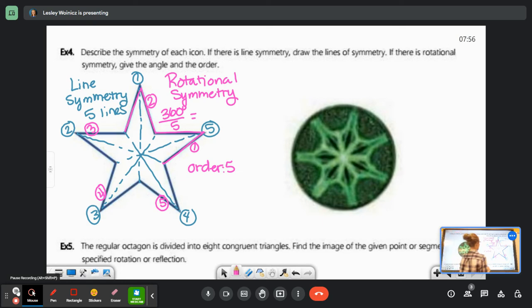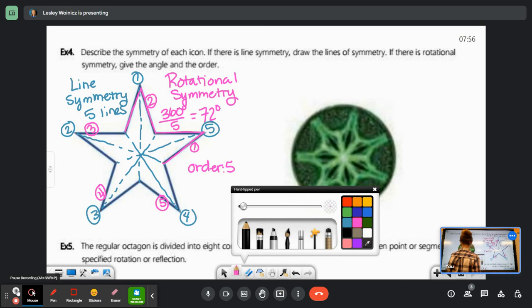So it's not as pretty as the other ones, but it's an angle. Nope, 72. Spoiler alert, 51.4 is the next one. This one's 72. Sorry, math is hard. Okay, we'll be fine.